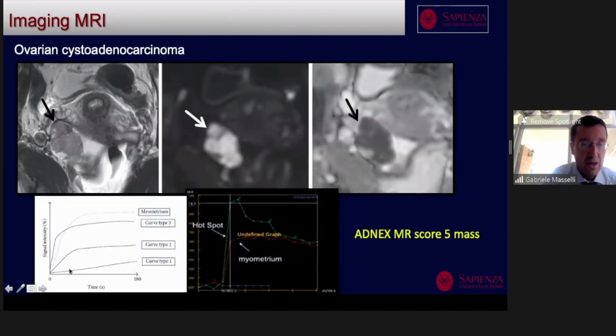And using the dynamic enhancement characteristic, you see that the lesion showed an increased uptake bigger than the myometrium, followed by the washout. And combining morphology, diffusion, and dynamic characteristics, you can confidently diagnose the presence of a malignant tumor.